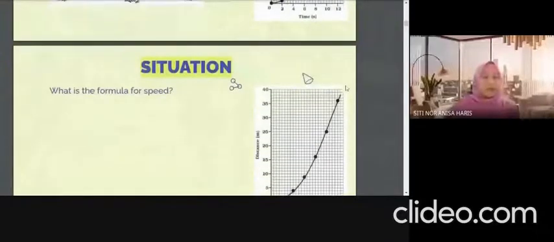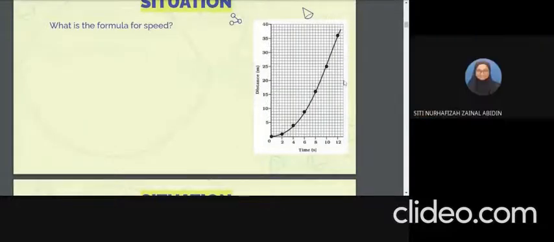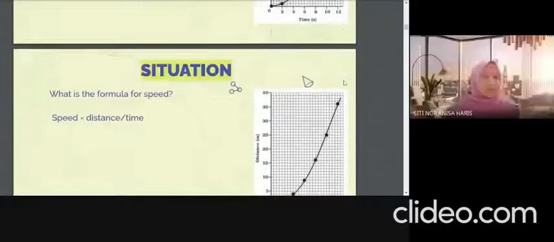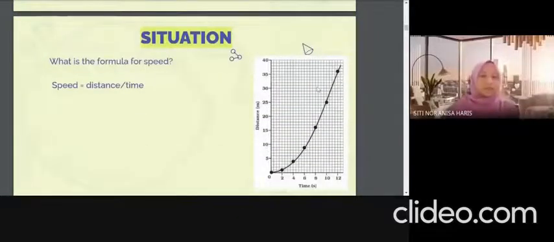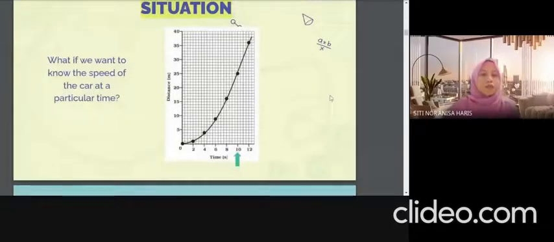Right now, we are discussing the speed, right? So students, what is the formula for the speed? Distance over time. Yes, speed is equal to distance divided by time. However, what if we want to know the speed of the car at a particular time from a curve graph?